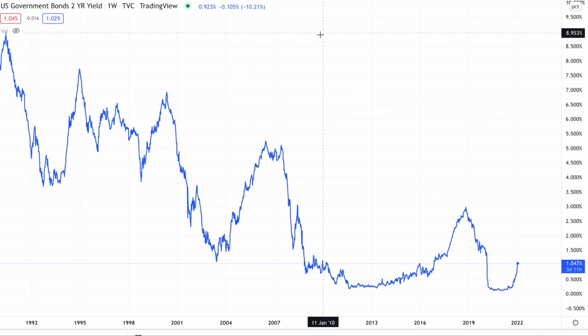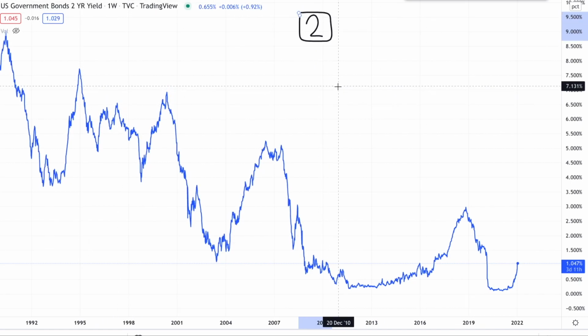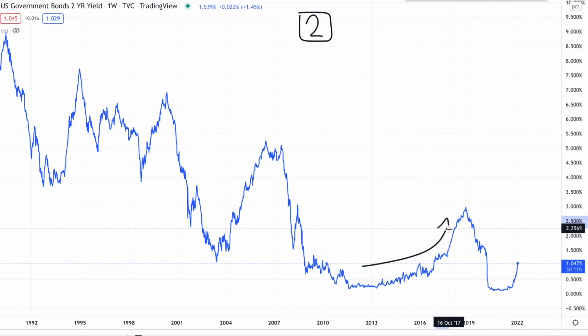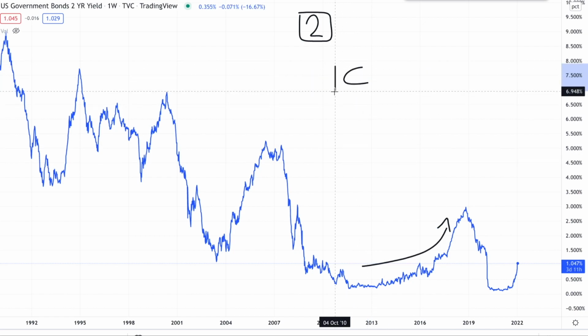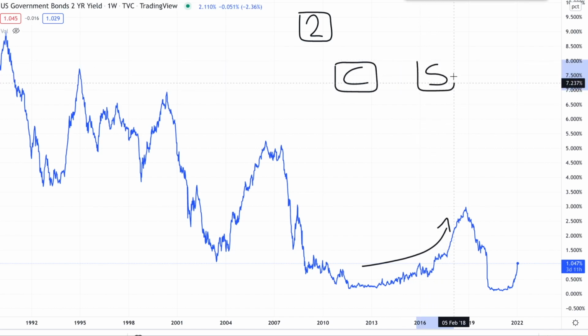Now I want to move on to point number 2 here, and that is taking a look at the 2-year government bond yield. Now, over the past few weeks, we've discussed this concept of the bond market controlling the monetary environment. When you see bond yields rise, it signals tighter monetary conditions. Credit becomes more expensive, right? It's harder to borrow, and there's more incentive to save. So consumers save rather than spend.